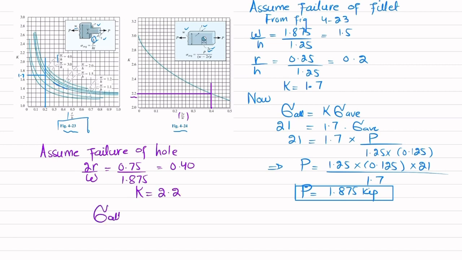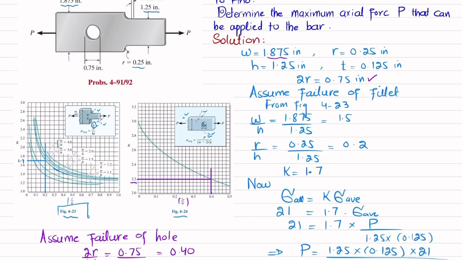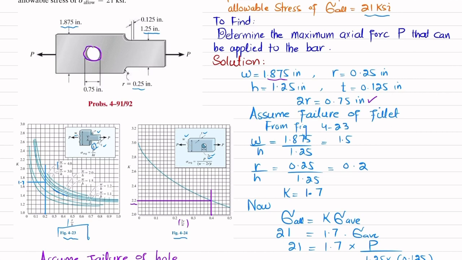Now we know that allowable stress is equal to stress concentration factor into sigma average. So again, 21 is equal to 2.2 multiplied by P divided by area. For this hole there is axial loading, so the area will be 1.875 minus the diameter of the hole, into the thickness 0.125.